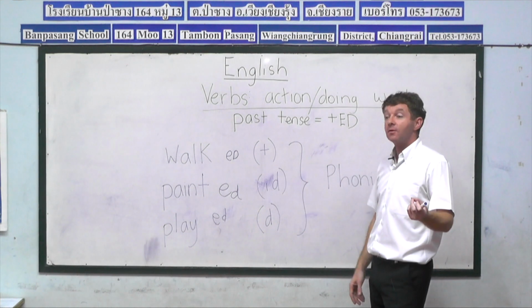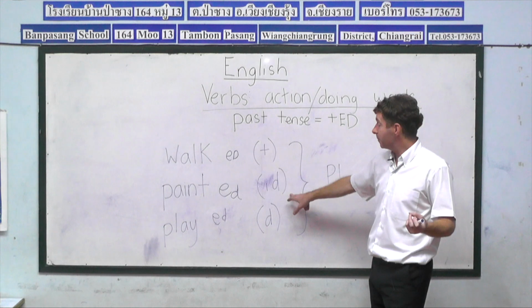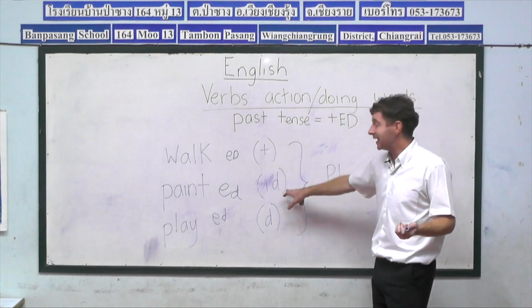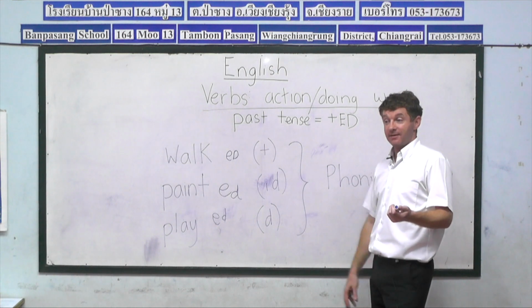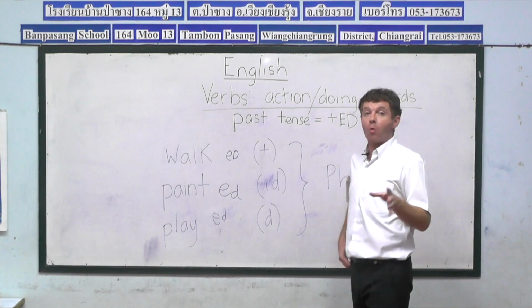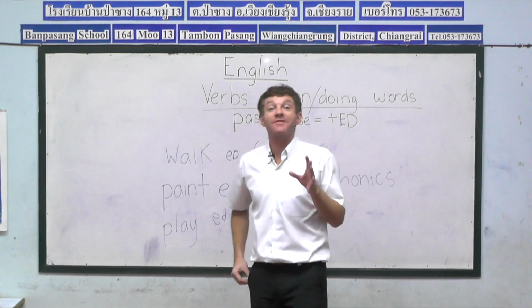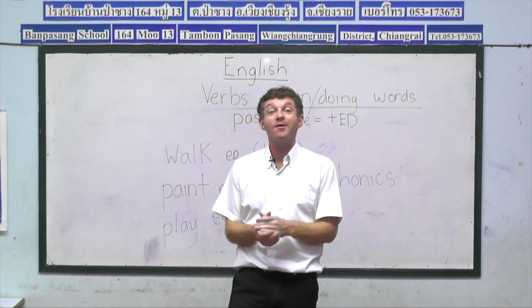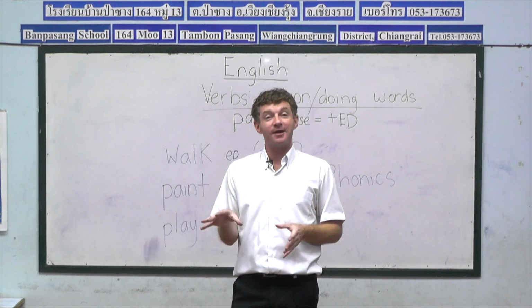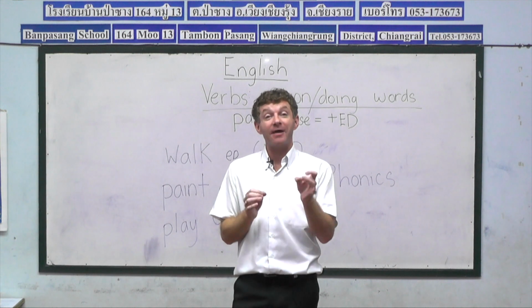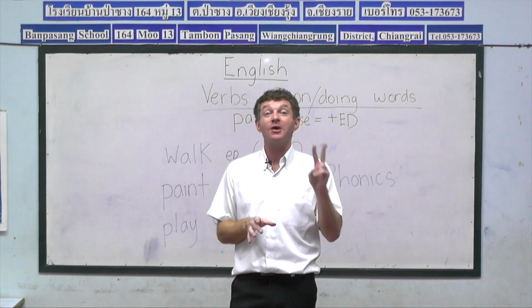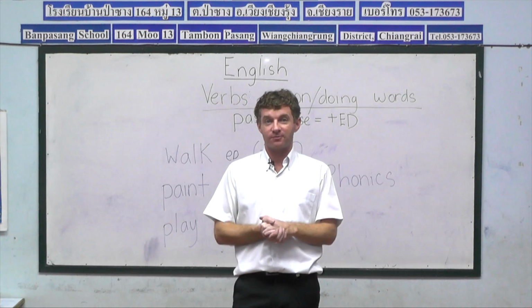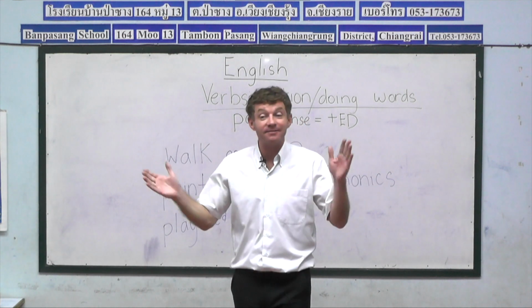Walked, like a T, painted, like ID, and played, just like the D. So what we'll do now is we'll take a look at a PowerPoint presentation for our students to observe, listen to, and practice speaking the different ways to produce the final sounds of ED past tense verbs. So well done, guys. That was excellent. Well listened.